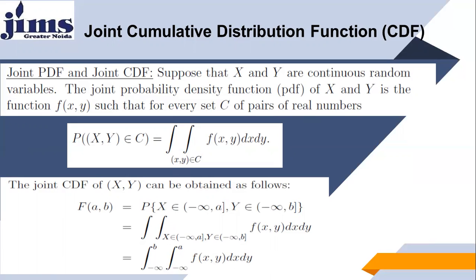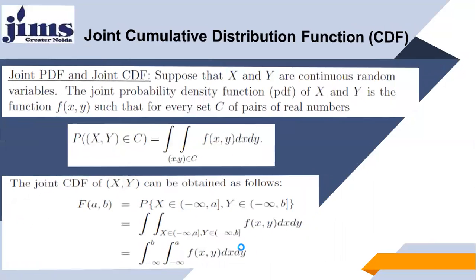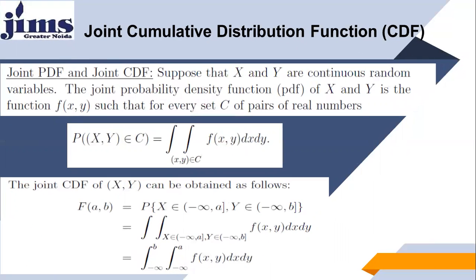So the only difference as compared to PDF is the limit. It always has a limit of minus infinity to a certain maximum value of a random variable. So F(a,b) is written in that manner. This is all about the joint CDF of x and y.